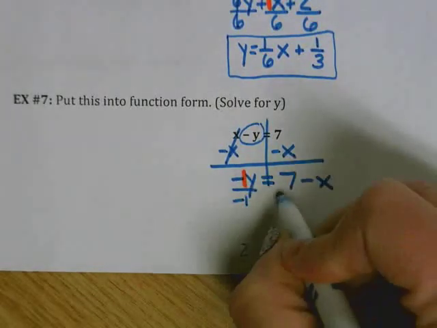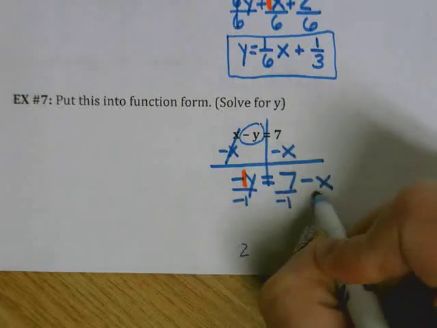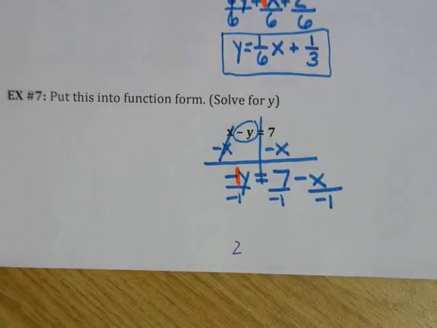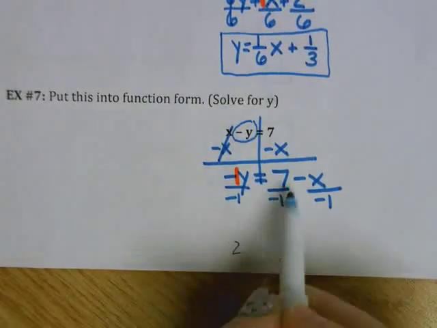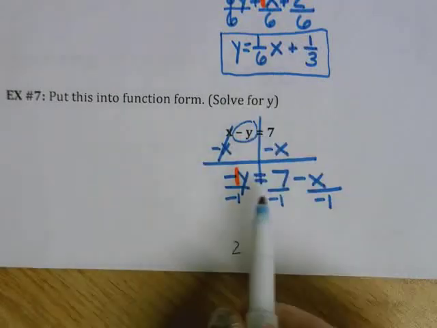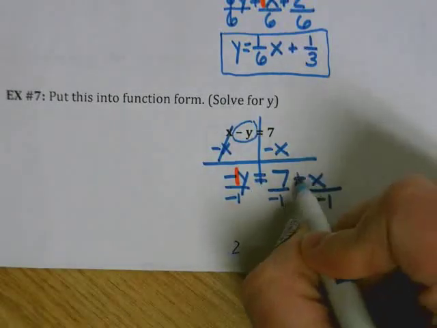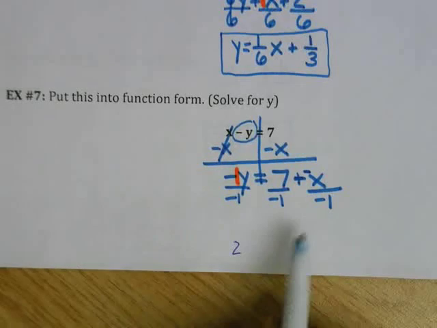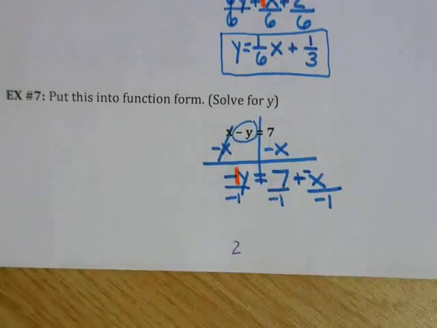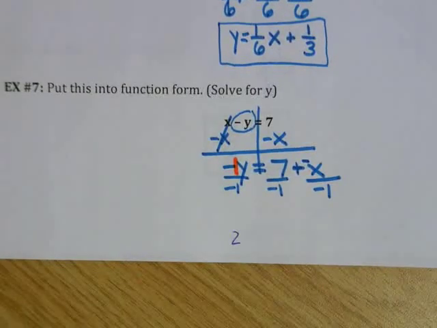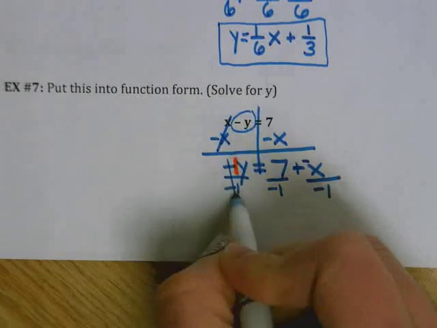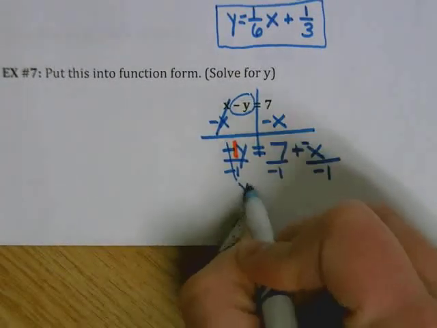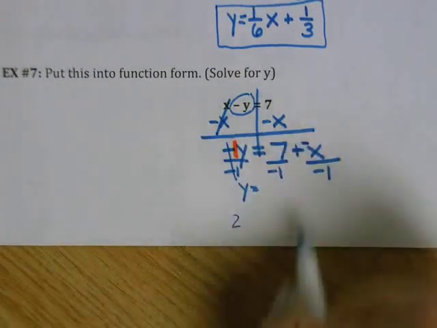Now here's where over here I've got to divide by negative 1 and divide by negative 1 everywhere. And this is why I was getting in the habit up above of changing the subtraction just to adding the opposite. Because if not, there's a lot of negatives going on in there with subtraction. I want to make sure I don't miss any of my negatives. So negative 1 divided by 1, bye-bye. And then you've got 7 divided by negative 1.